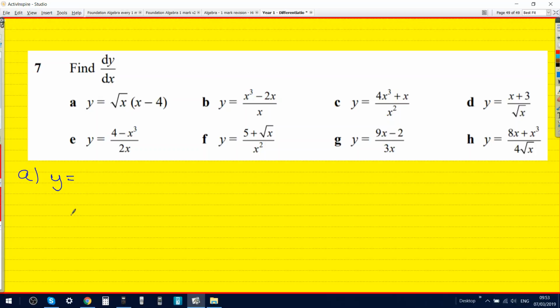X. Is it? So it's x to a half times x. Well done. And that's the same as x to the 1.